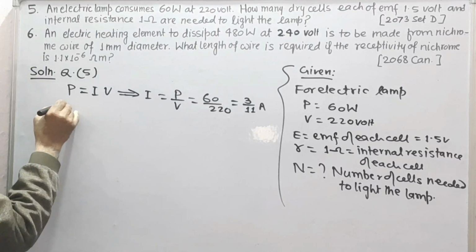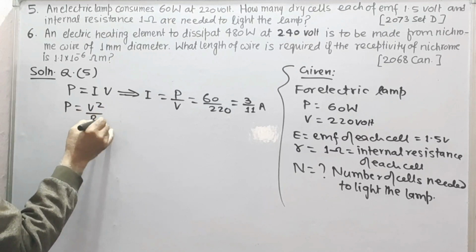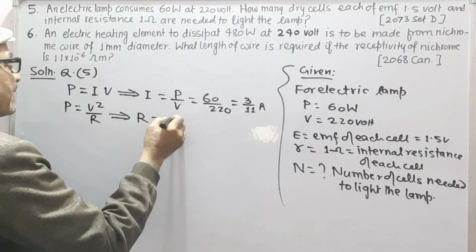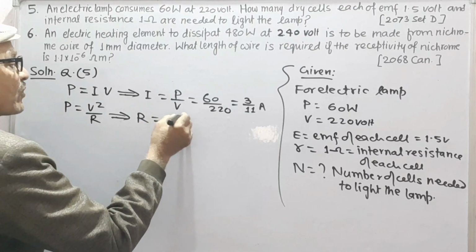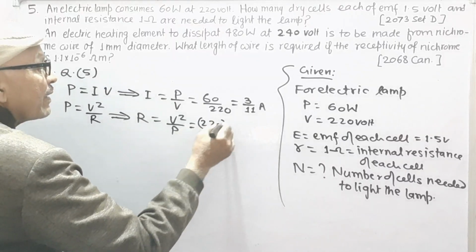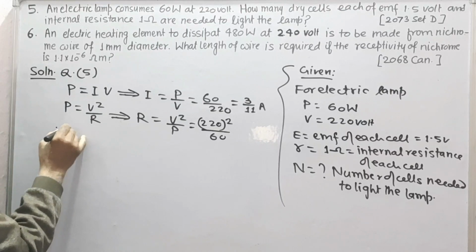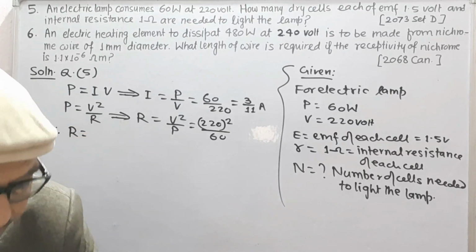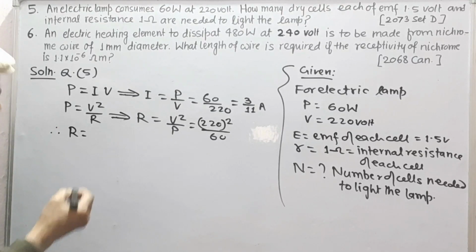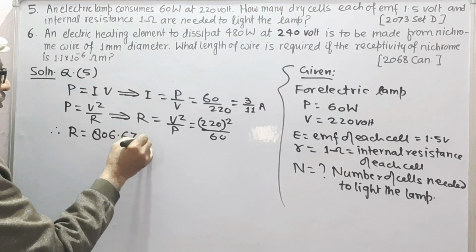Similarly, P is equal to V square upon R gives the resistance of the filament as V square upon P, 220 square upon 60. So we get the resistance of the filament as 806.67 ohms.